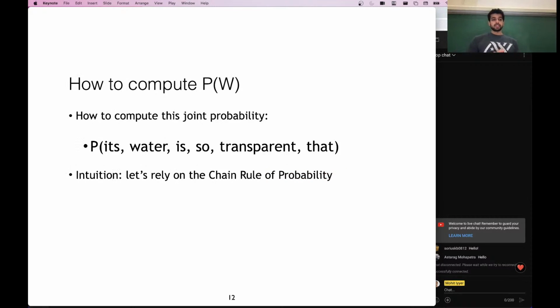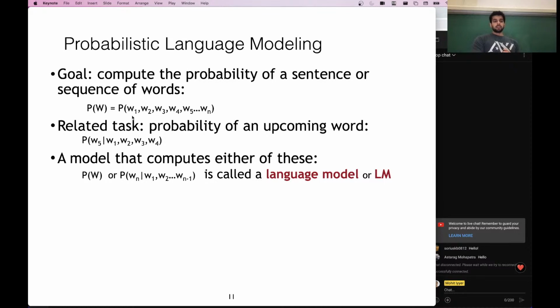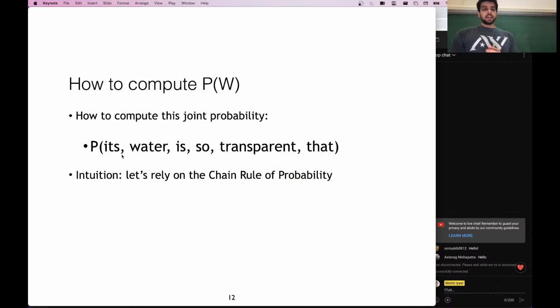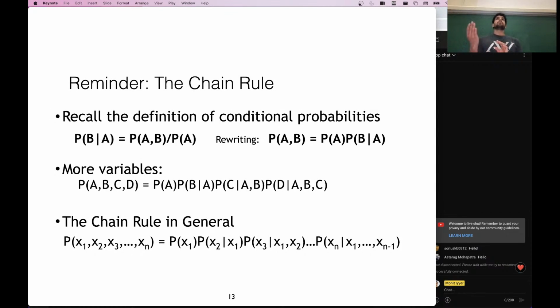So we can review this through an example. Let's say that our word 1 through word 5 here is this sequence of 5 words: "its water is so transparent that". So this is part of some larger sentence. And let's say we want to compute the probability of this piece of text, this 5-word sequence. When we use the chain rule, we can factorize this joint probability of this whole sequence into the product of these conditional probabilities.